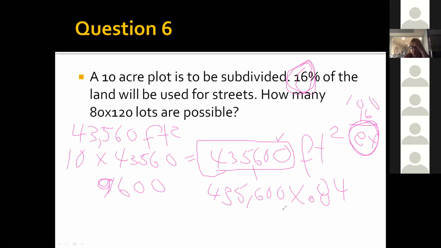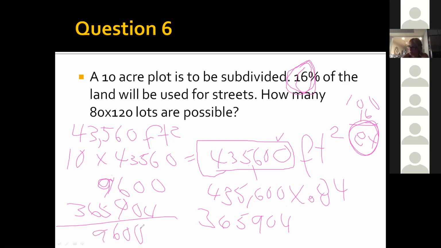That means we have 365,904 available for lots. And if we take 365,904 and divide it by our lot size, which is 9,600, that's going to give us exactly how many lots we can build. And that gives us 38.11. Well, we can't build a 0.11, so we're going to be able to build 38 lots.